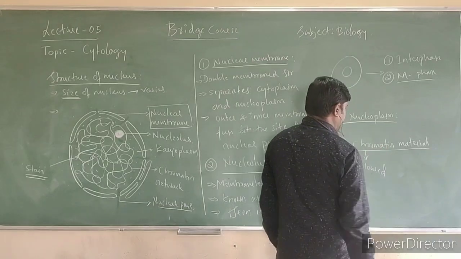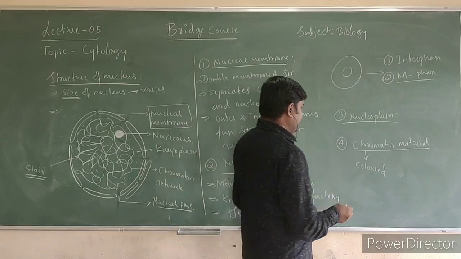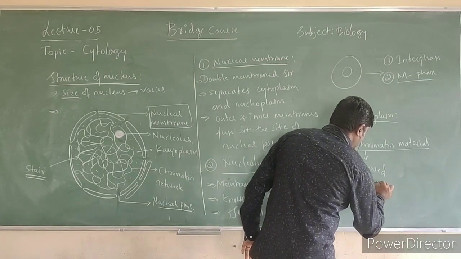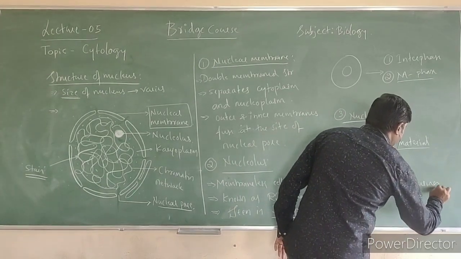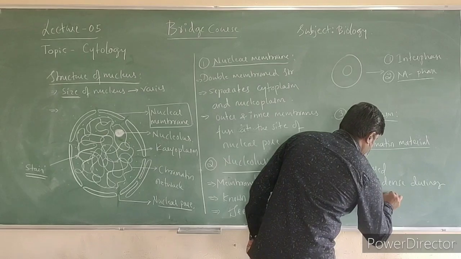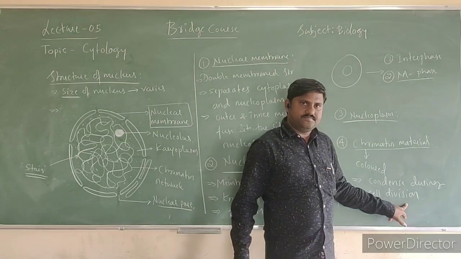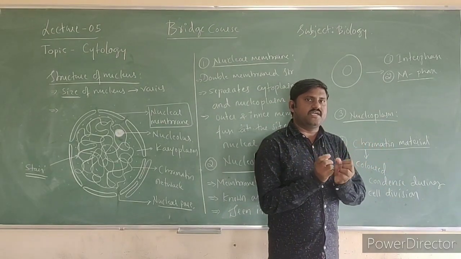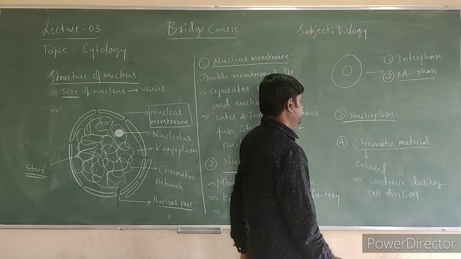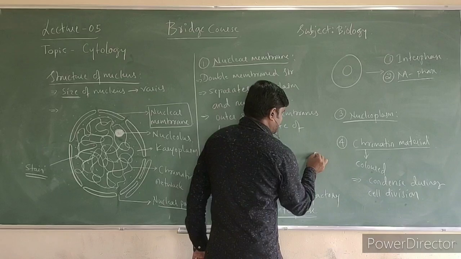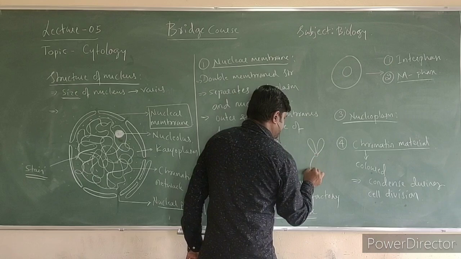And this colored material starts to condense itself. It becomes a condensed structure during cell division. During cell division, that chromatin network starts to condense so as to form very condensed structures called chromosomes, as we have studied in previous classes.